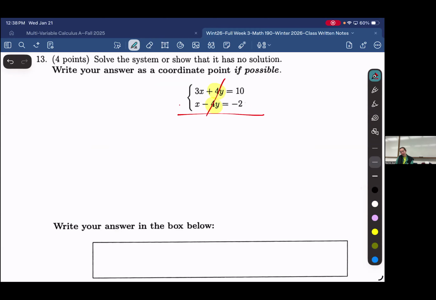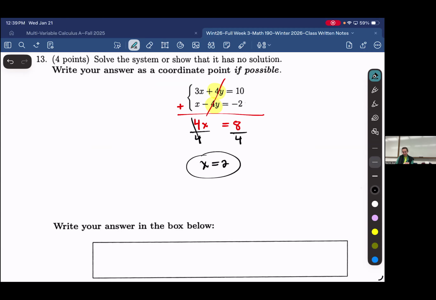So we're just going to add the top and bottom. And so we get 4x is equal to 4y minus 4y cancels out, and then 10 plus -2 gives you 8. Oh yeah, so happy I did elimination, because then we just get x is equal to 2.